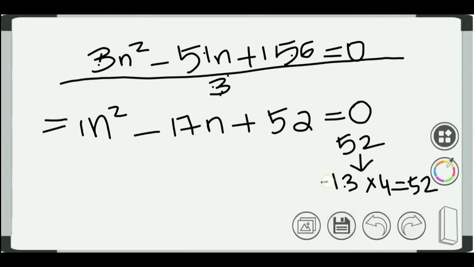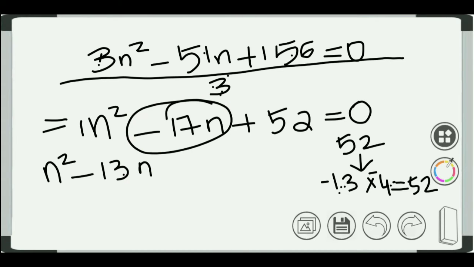For that, I am putting minus, minus. Then only if I add these two, minus 13 and minus 4, I'll get minus 17. Or else I'll be getting 13 plus 4, 17. So I am putting negative, negative. So n square minus 13n, I am splitting this 17 as minus 13 and minus 4. Minus 4n plus 52 is equal to 0.